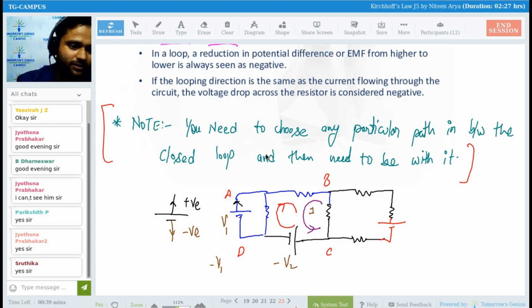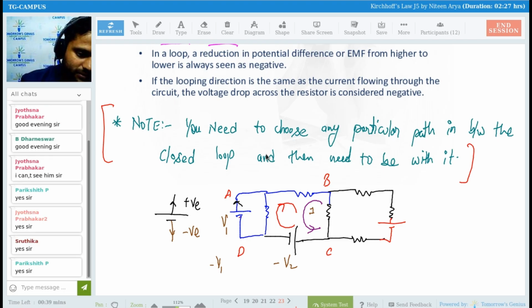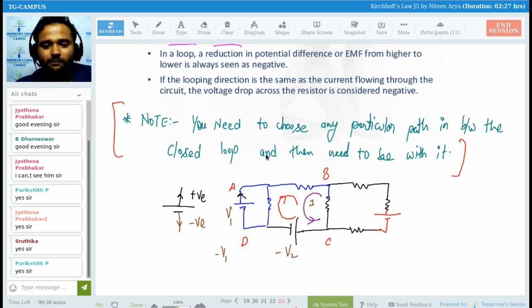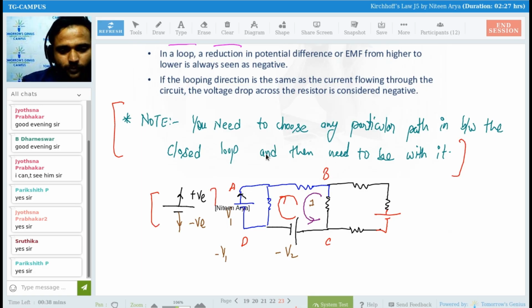This is a crucial thing here. You are going to face problems here in so many ways. This written thing you can find in any book, but the main thing is this: the moment you choose any particular path, you need to stick with it, and continue your numerical problem with that. From negative to positive, if you are rising in potential, you take the potential difference as positive.